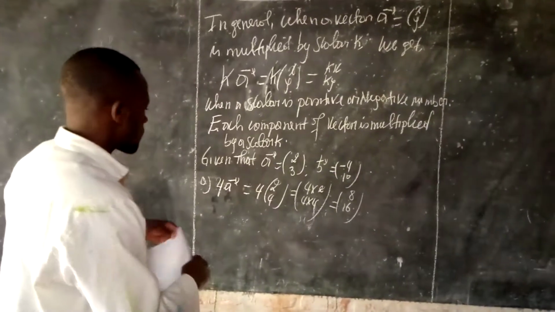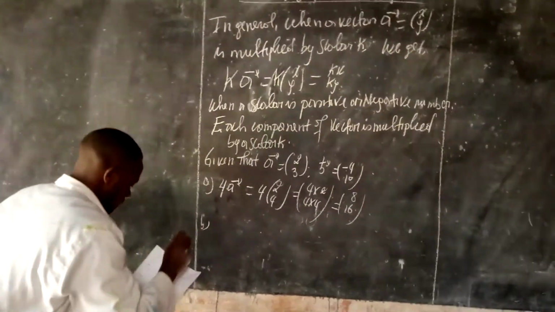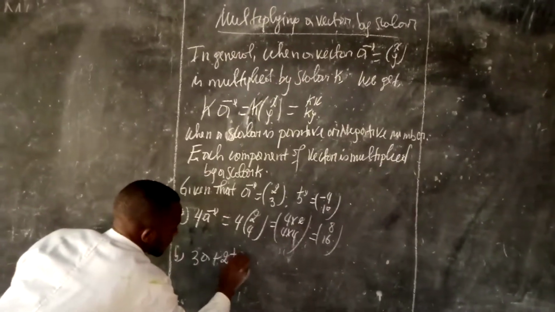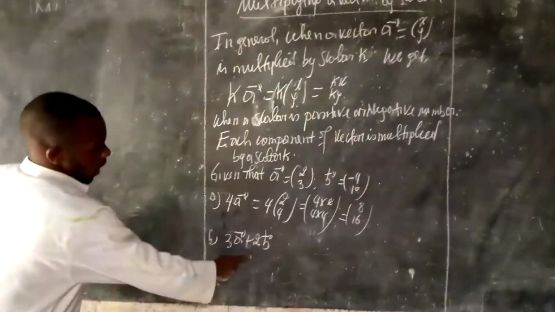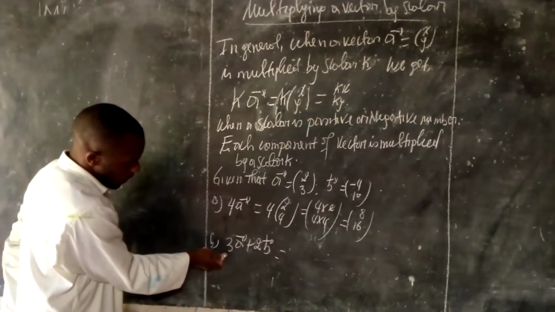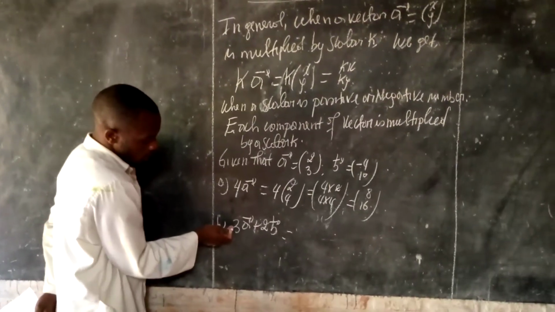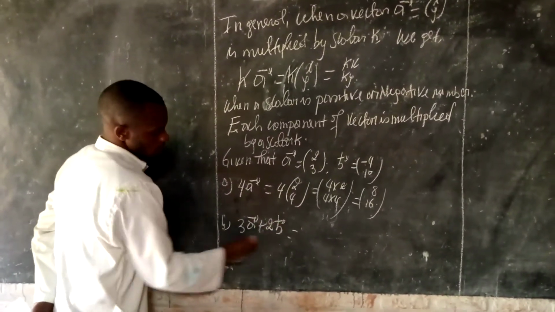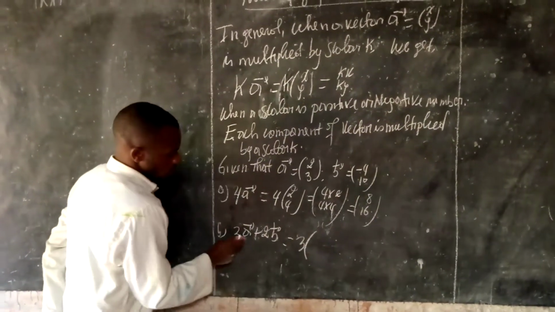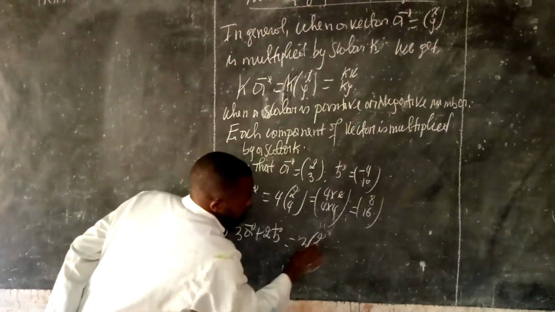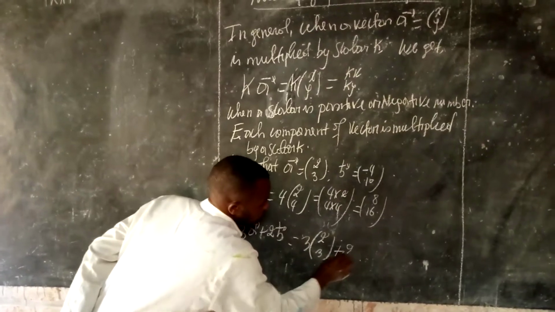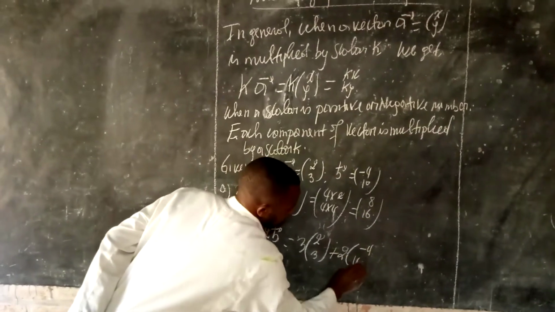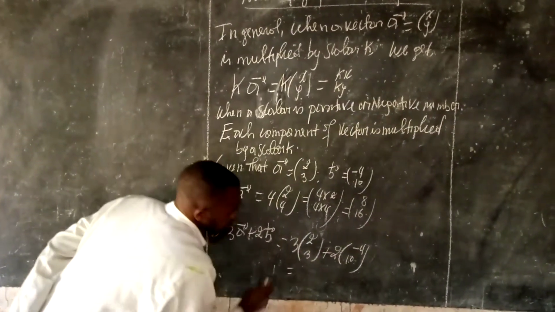So now another example: you can be asked to find 3A plus 2B. Here we have 3, a scalar, times the vector A, plus 2 times the vector B. We have 3 times vector A, which is (2, 3), plus 2 times vector B, which is (-4, 10).